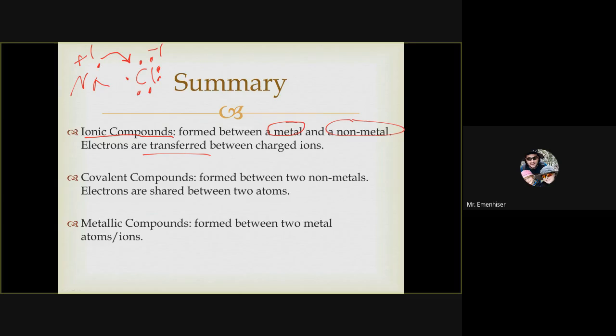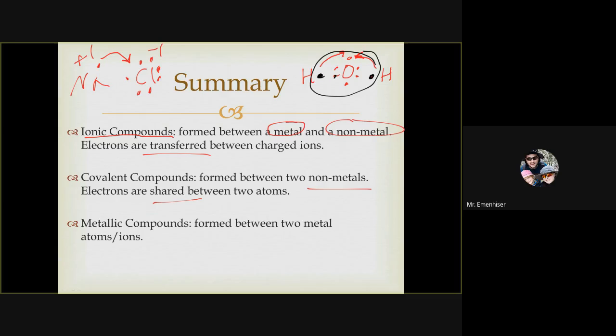Covalent bonding is between two nonmetals, and electrons are shared. So think about taking a hydrogen and a hydrogen, each with their own electron, and oxygen with 6. What's going to happen? Well, if they share that hydrogen and that hydrogen, that gives oxygen 8 electrons. Let's count our electrons. 1, 2 from each of the hydrogens.